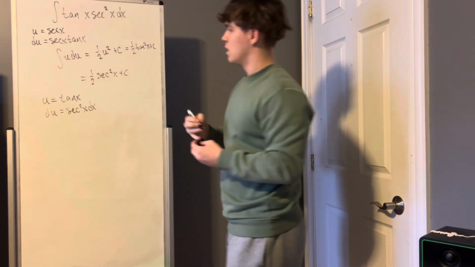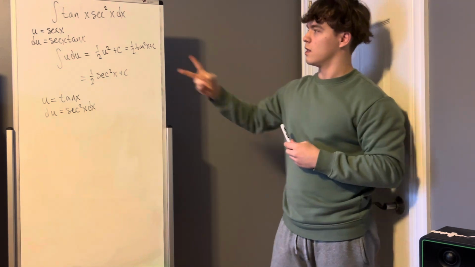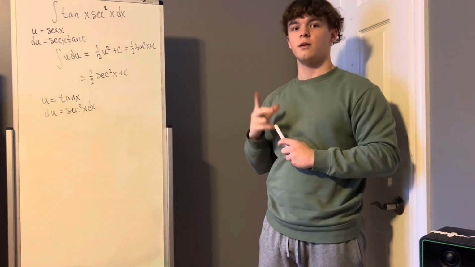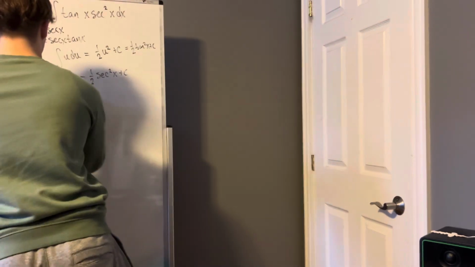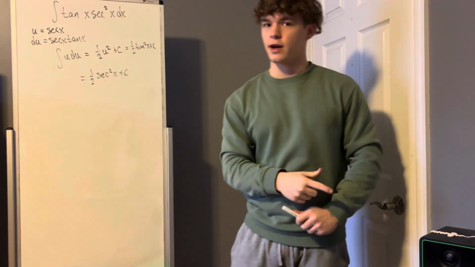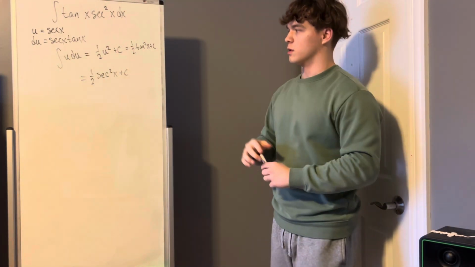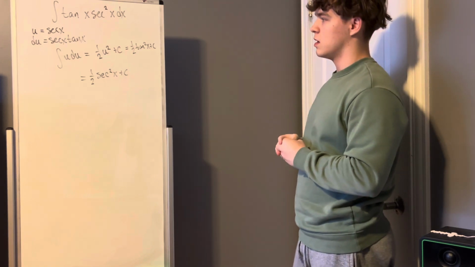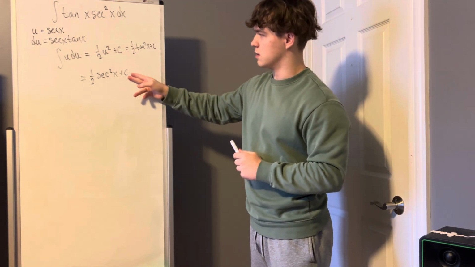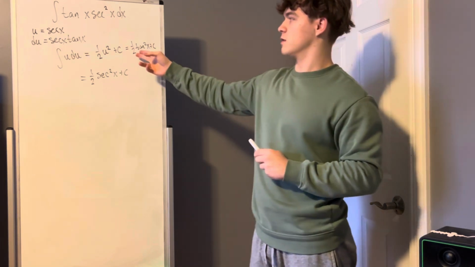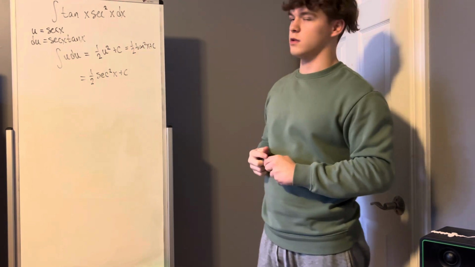Now, we might think these are two very different results, but let's remember tan squared x plus 1 equals secant squared of x. So this just means that this constant is going to be the same as this constant plus 1/2, because of course we take out this 1/2.